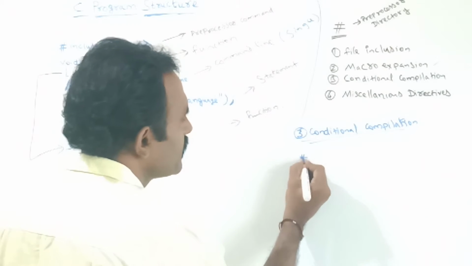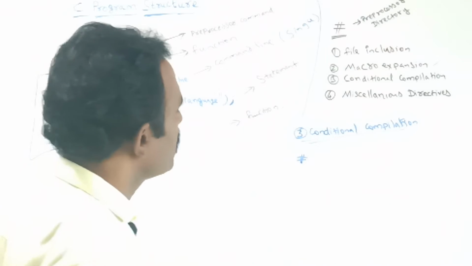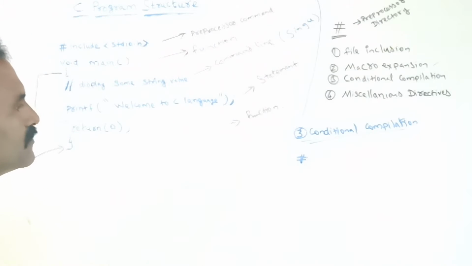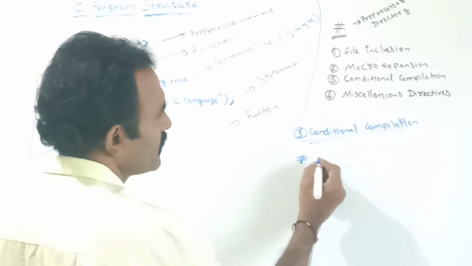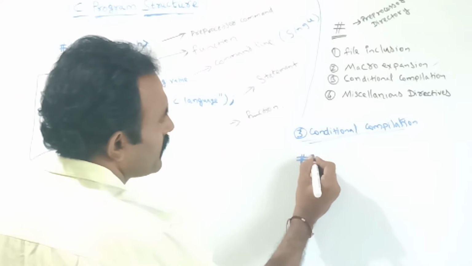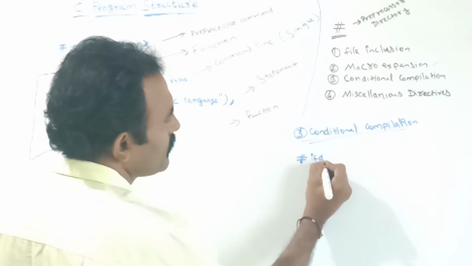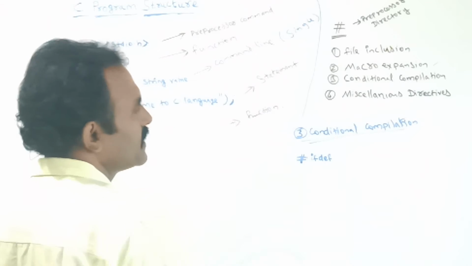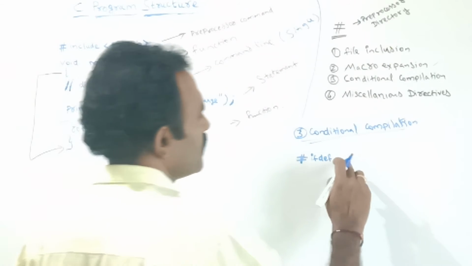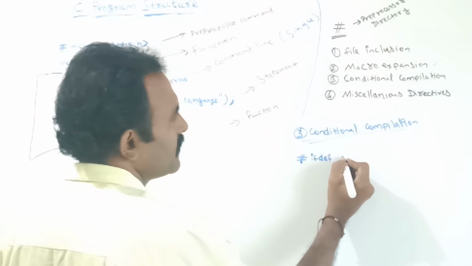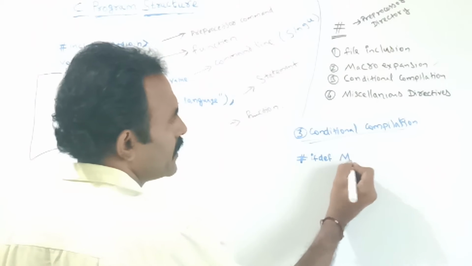We should define each and every preprocessor command with the symbol hash. After that, ifdef, that is if definition, here we can give the macro name.